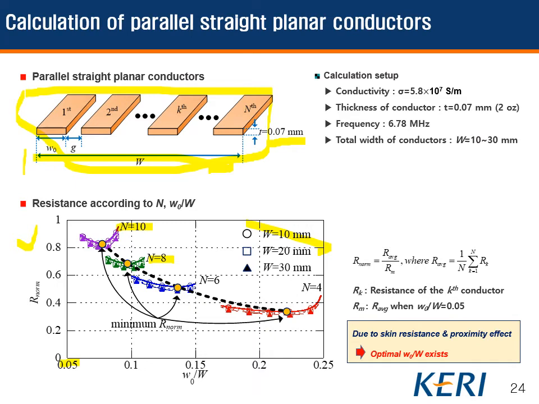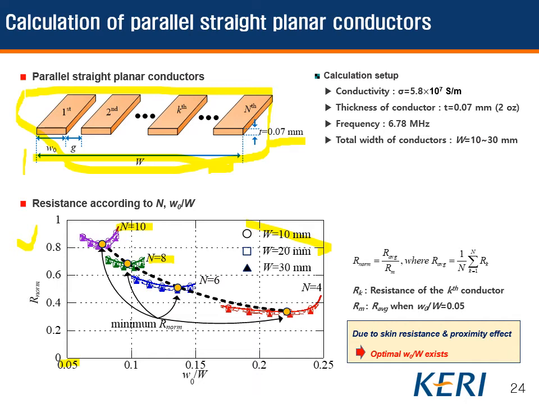The reason for the optimal relation of W0 over W is as follows. When W0 over large W is higher than the optimal, with large W fixed, the resistance will increase since two neighboring conductors are getting closer, and then the proximity factor will increase.